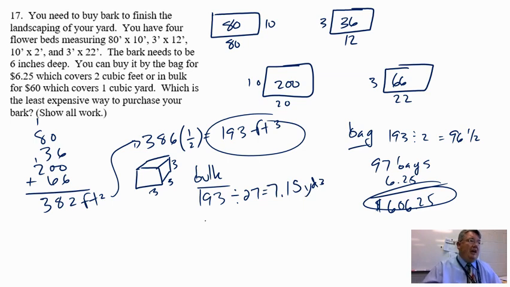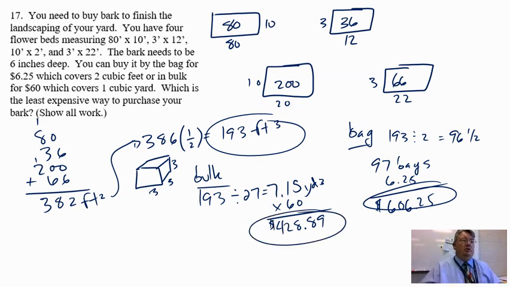And if I multiply that times $60, that gives me $428.89, and it's cheaper to buy it in bulk.